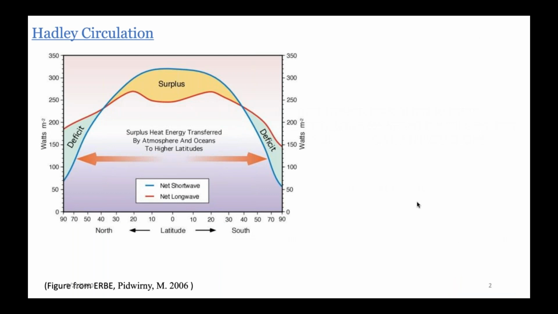So this is the zonal mean distribution of the atmospheric radiation budget from the Earth Radiation Budget Experiment that shows the net incident shortwave radiation and the net longwave radiation going out of the atmosphere. The blue line shows the net shortwave radiation incident at the top of the atmosphere, and the red line is the net longwave.